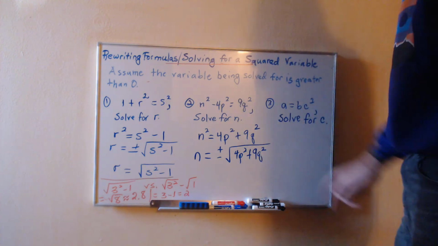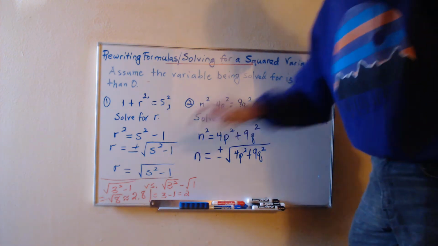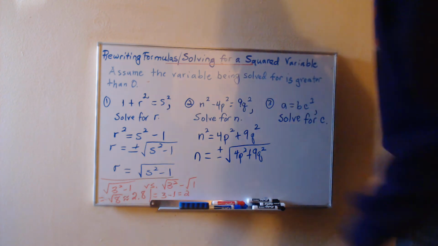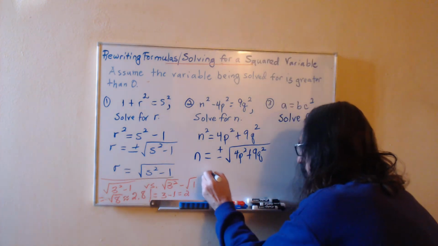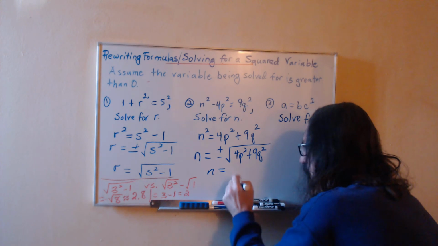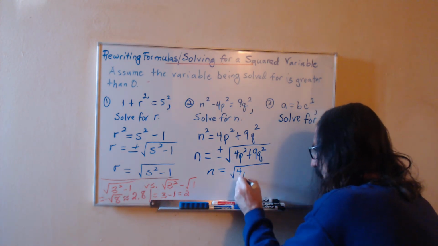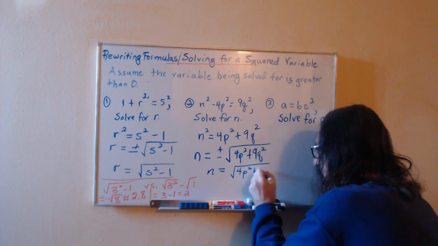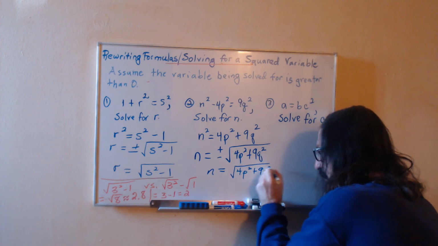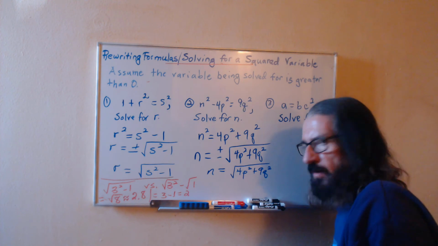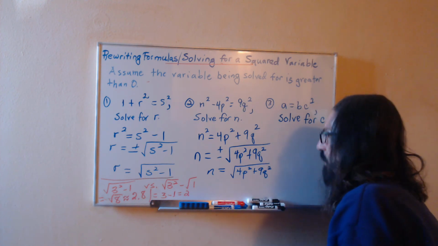And again, since we're assuming that what's going in for n is greater than 0, we'll just take the principal square root and drop the minus part here. Same thing, we've got addition here. We're not going to be able to simplify what's under that square root.